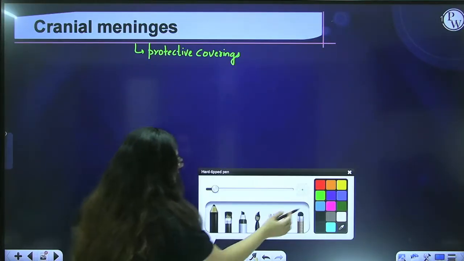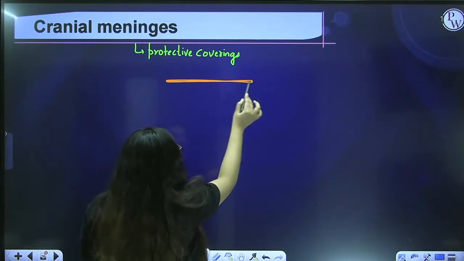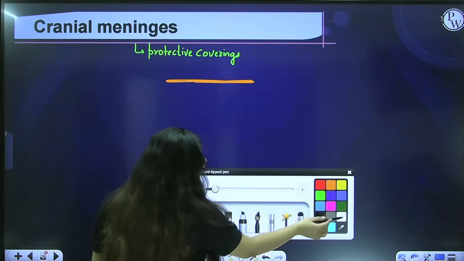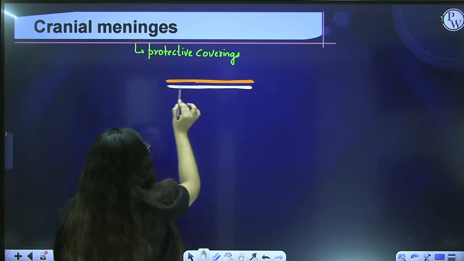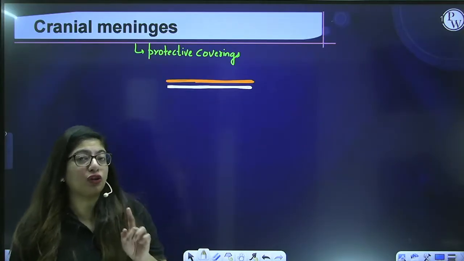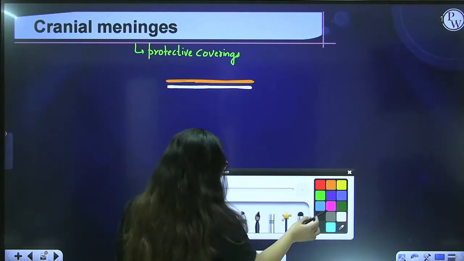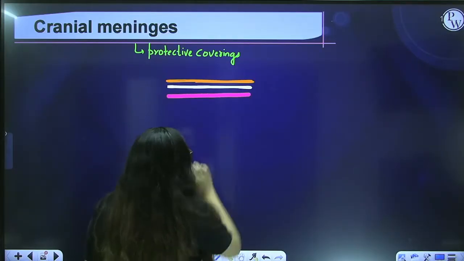First of all, for example, you will have this layer of skin here. Then after skin, what will be present? The skull or the bone portion. Then after the bone will be present your cranial meninges. First of all there is the outermost covering, which is very durable. So we call it dura mater.